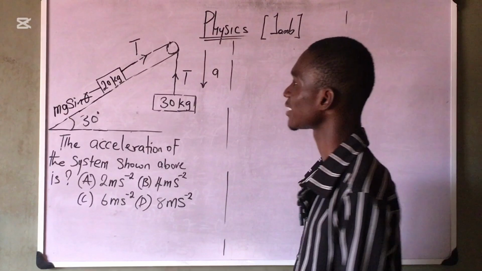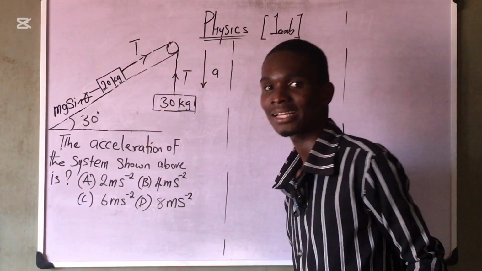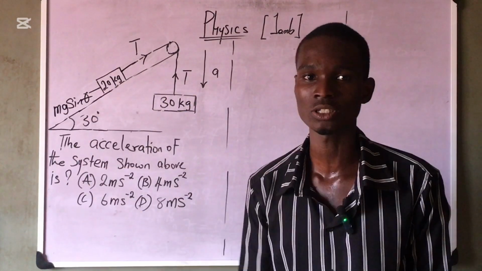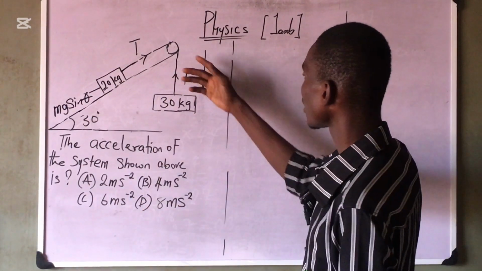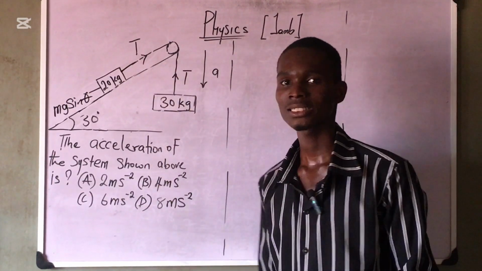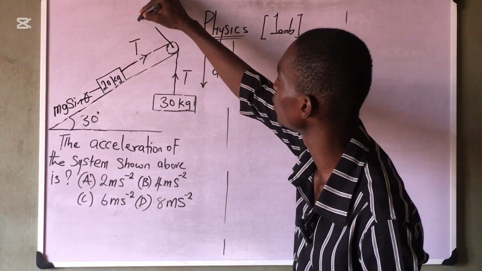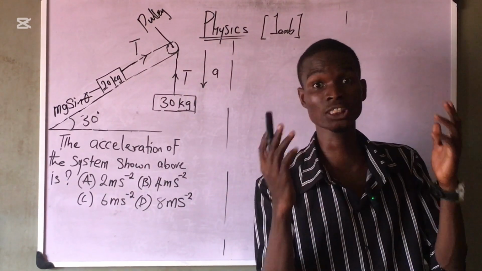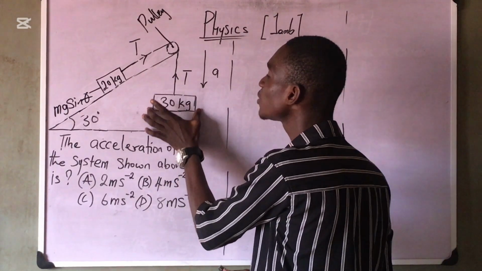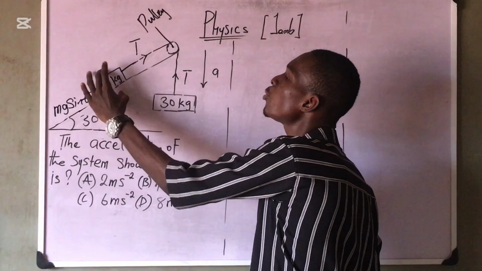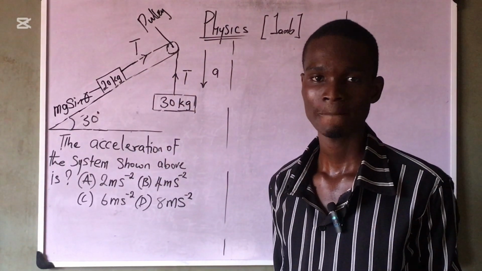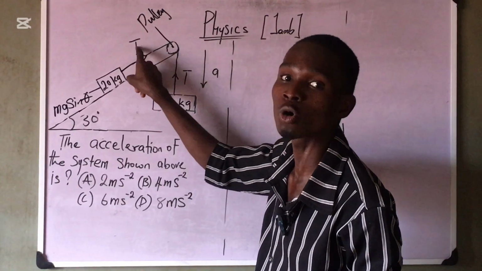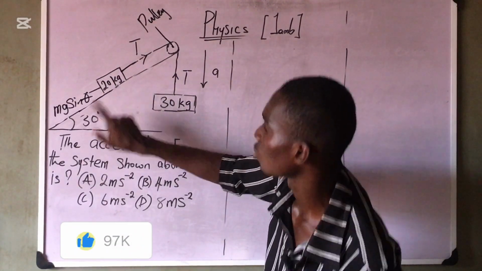The second consideration is that I'm still having tension here. Remember the tension over here and the load at this point, which one is greater? In this system, it is built in a way that I'm having a pulley. This is a pulley attached by a rope. With the intention that this load is to be pulled up a certain distance, to achieve this, the tension being transferred to this rope must be greater than the force down the plane.